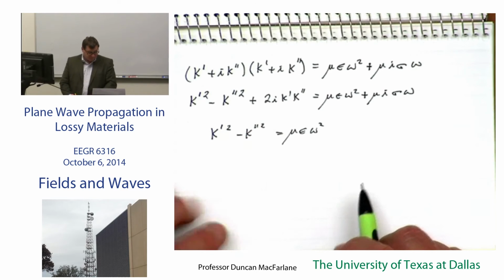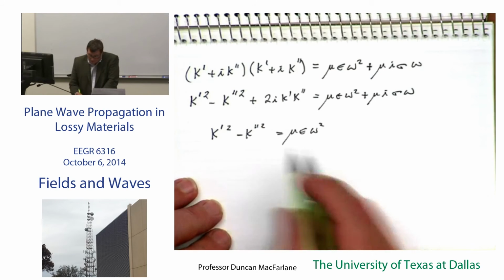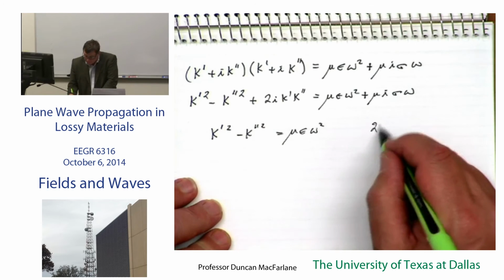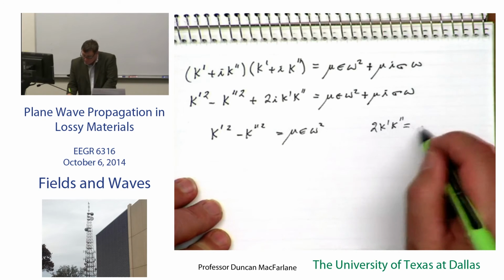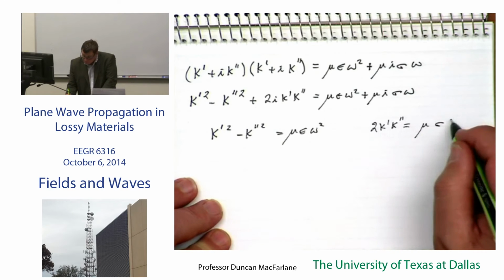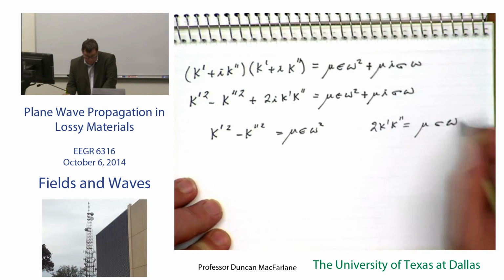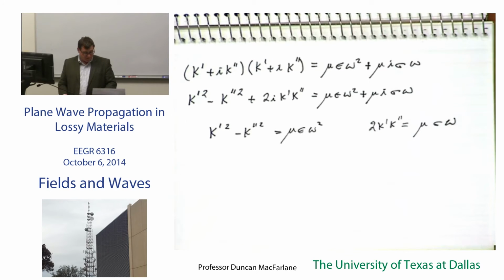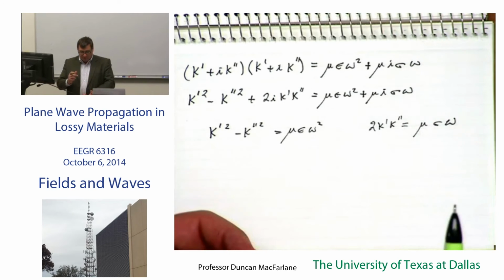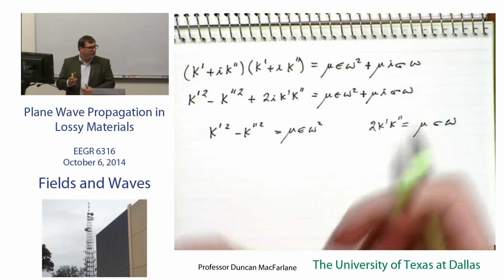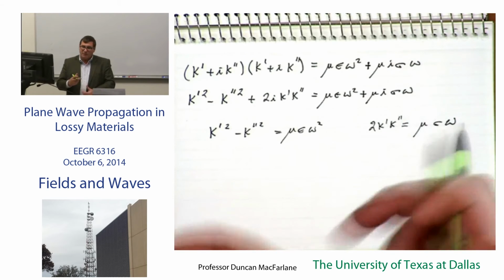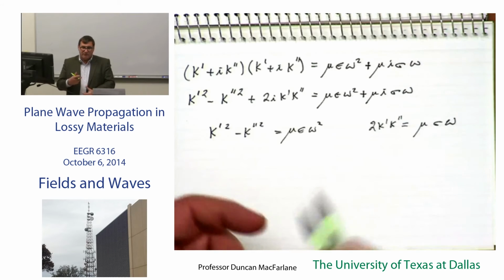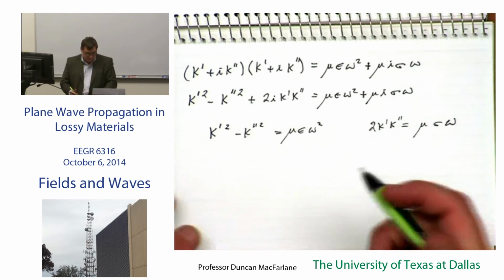And then I have 2 k prime k double prime mu sigma omega. If I take the imaginary part over the real part, it sounds reasonable if I'm looking at some sort of phase issues in a complex quantity. Imaginary part over the real part, the tangent.